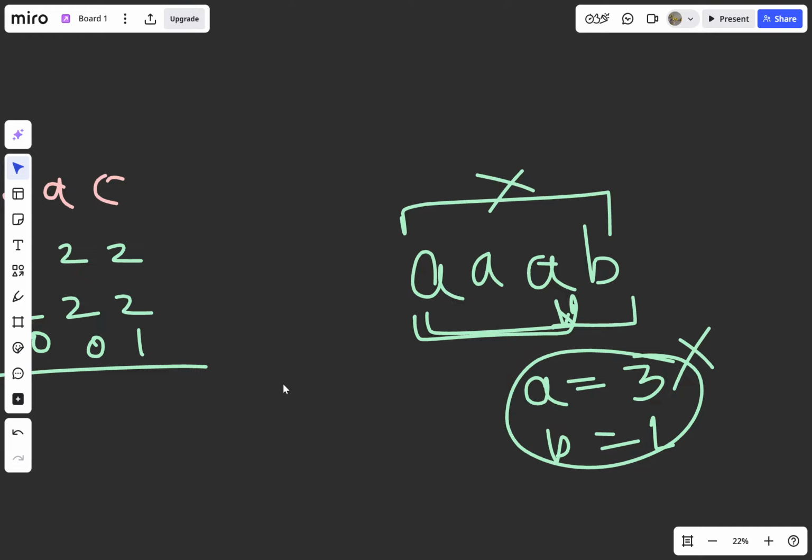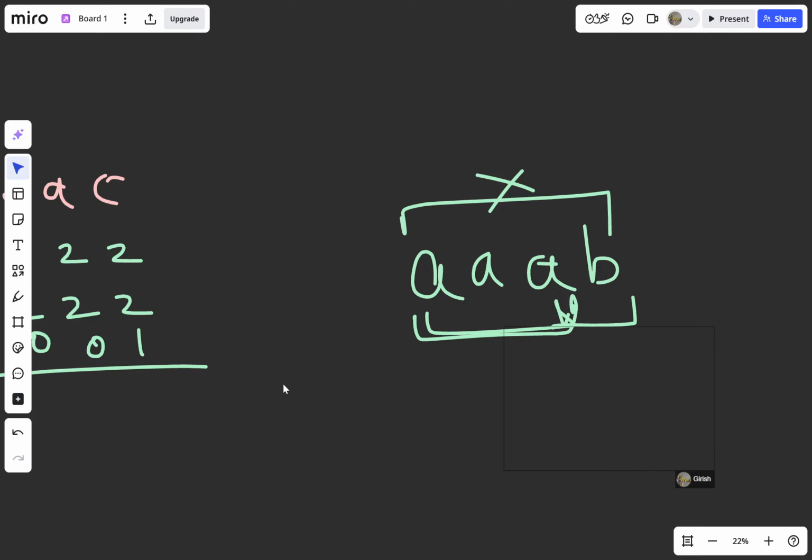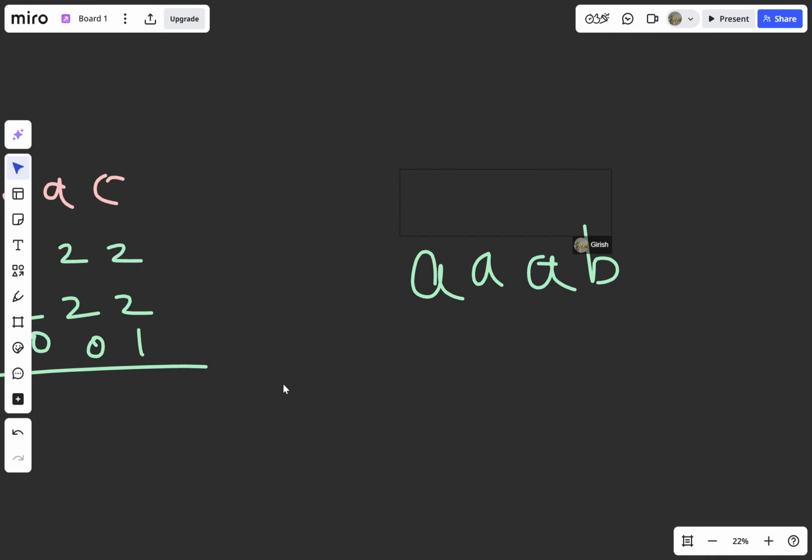So by taking this into consideration, we can first identify the longest substring by considering A only, B only, and C only.